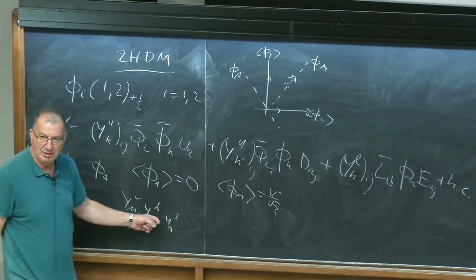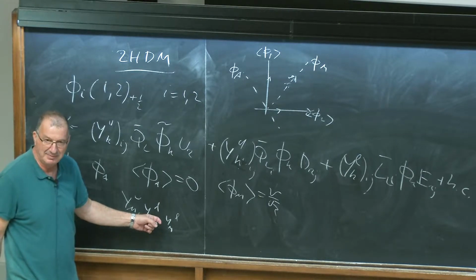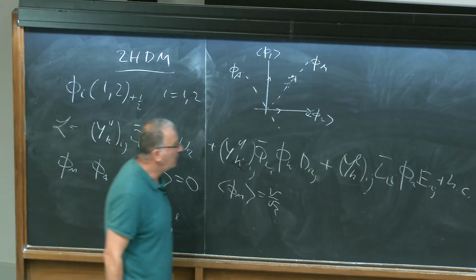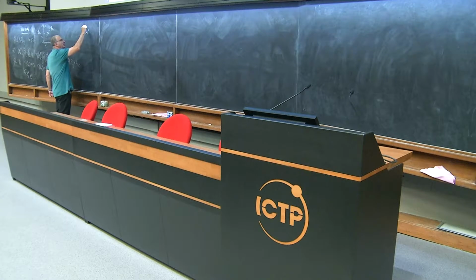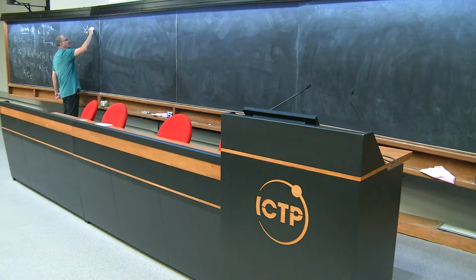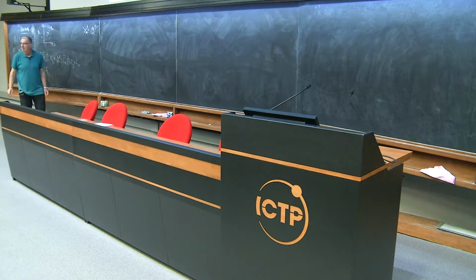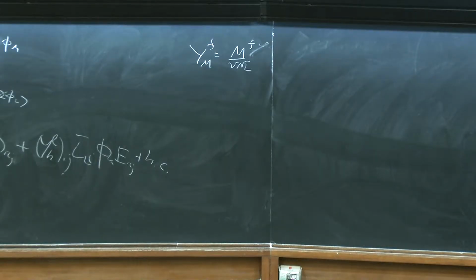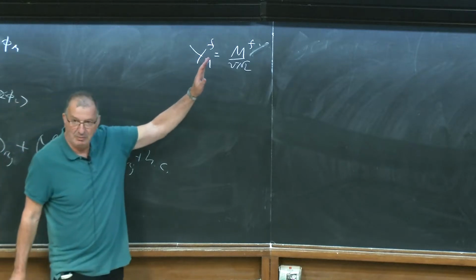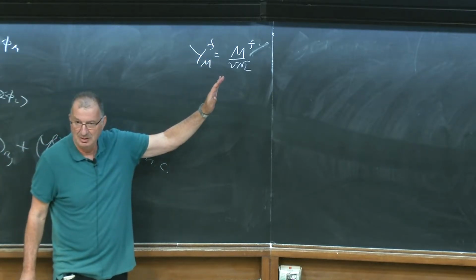This is now the only source of the masses, so I know what Y^M is. Y^M_f is m_f over v over square root of 2, because this is the source of the masses. The other one does not contribute because it has zero vacuum expectation value. So in this basis, one of the Yukawas is known.